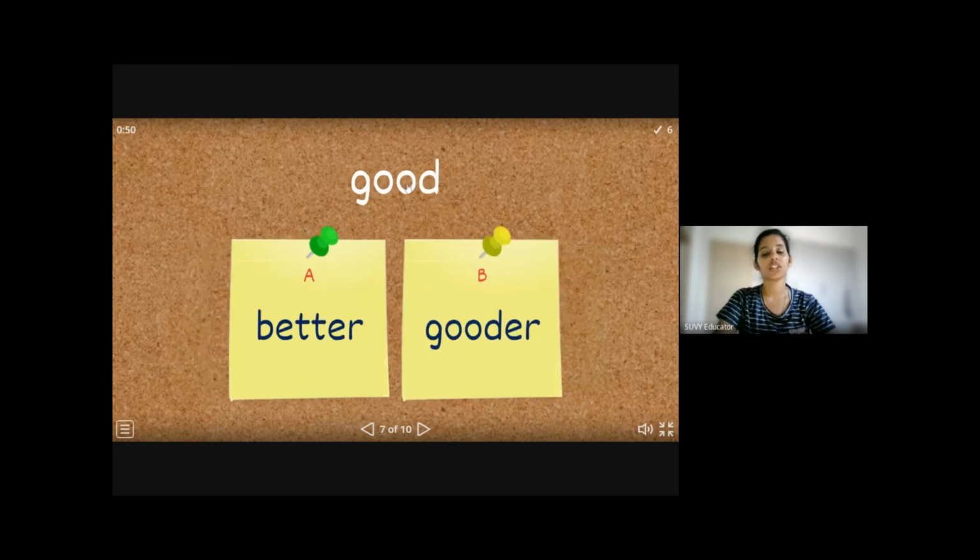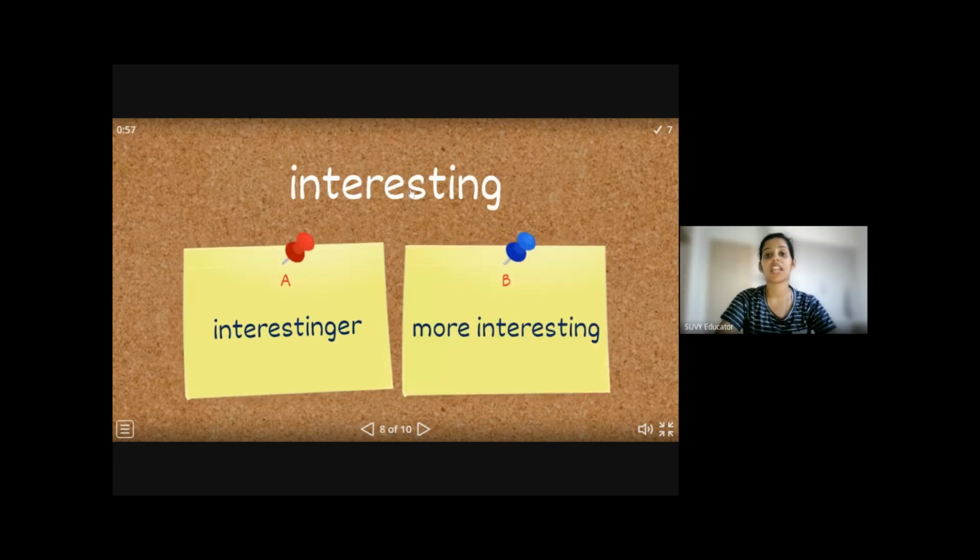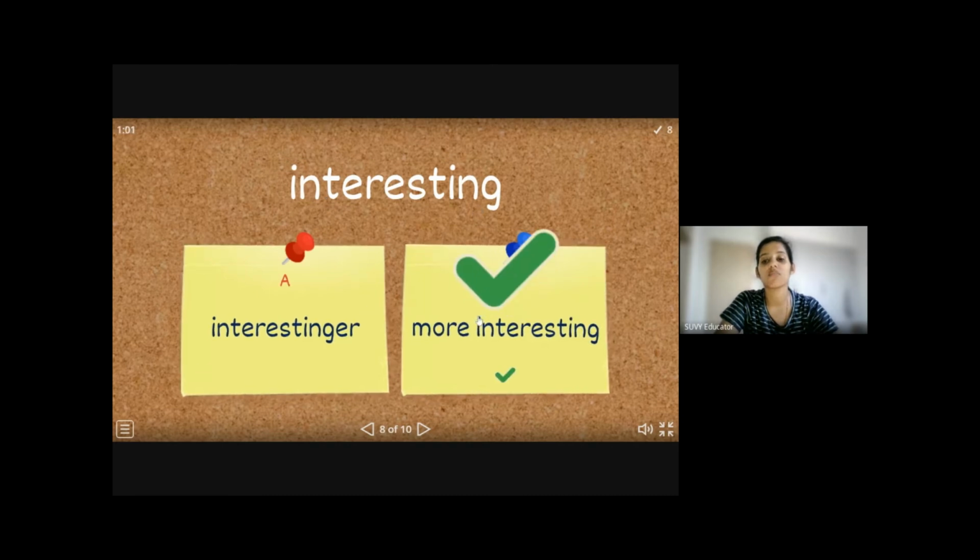Good. Good does not have a comparative degree as gooder. It is only better. Interesting. Again, this has a lot of vowels. So it cannot be interestinger. It has to be more interesting.